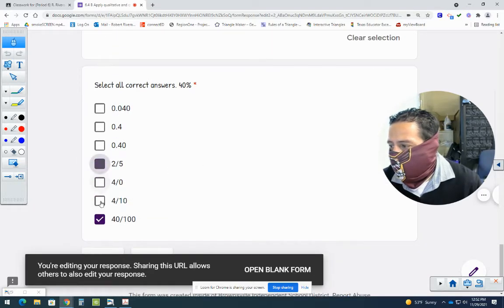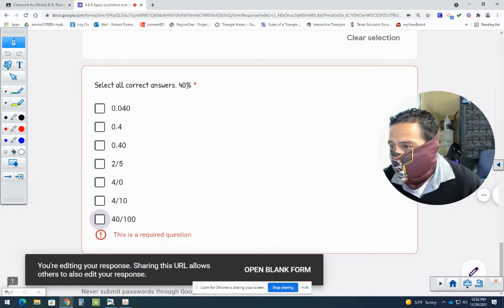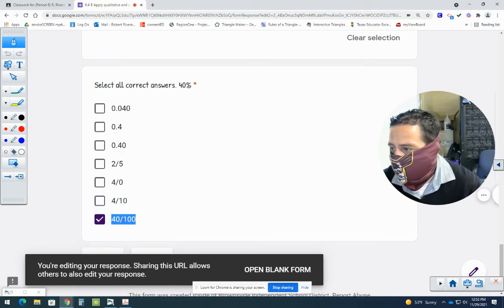On this one, there are many ways you can do this. I would probably change these to decimals, to money, and these are already in decimals, so I can figure out which ones are equivalent. And then these, I would also change to decimals, and then anything that's worth this one, once I change this to decimal, I'll figure out.